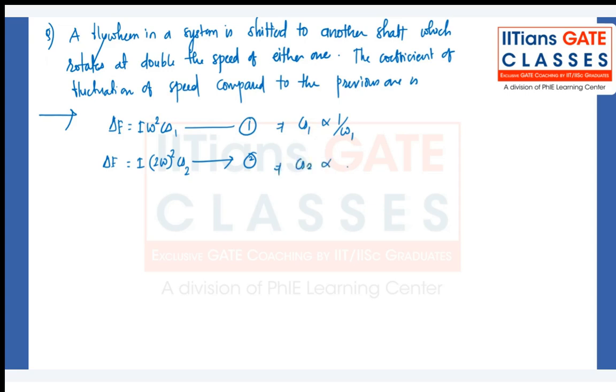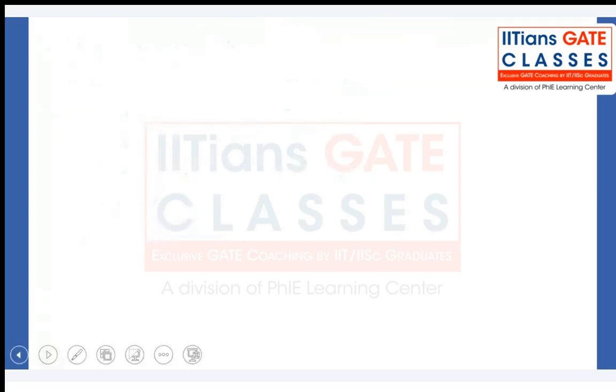So CS2 is inversely proportional to 4 times omega 1 square. So it will be reduced by 1/4. Okay, reduced by 1/4 is the answer.